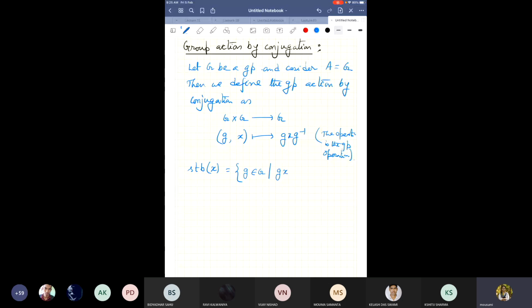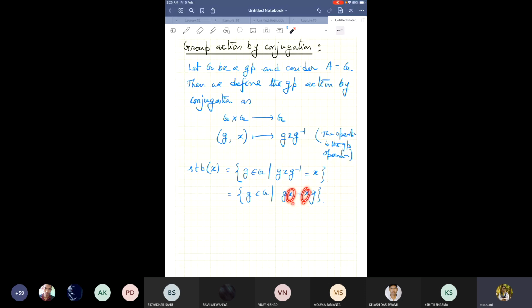So this is the collection of all the elements of the group such that gx is equal to xg. That means I'm considering all the elements of the group which are commuting with that particular element x.